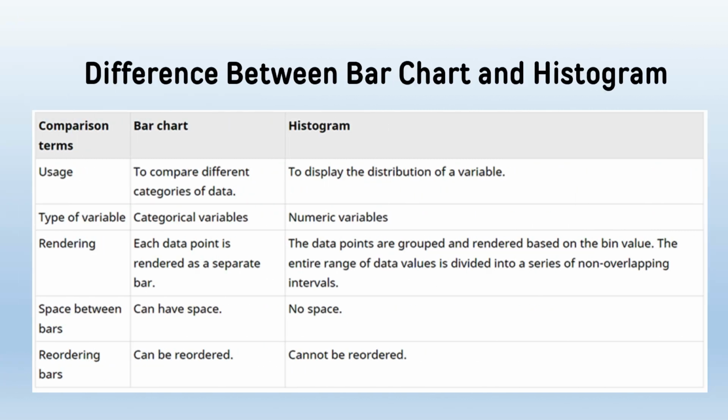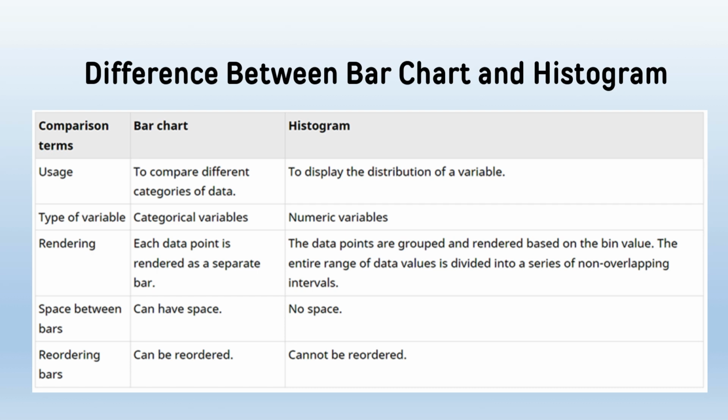Now let's take a quick look at the difference between a bar chart and a histogram. In a bar chart you compare categorical data, but in a histogram you display the distribution of variables. In a bar chart variables are categorical, in a histogram variables are numerical.